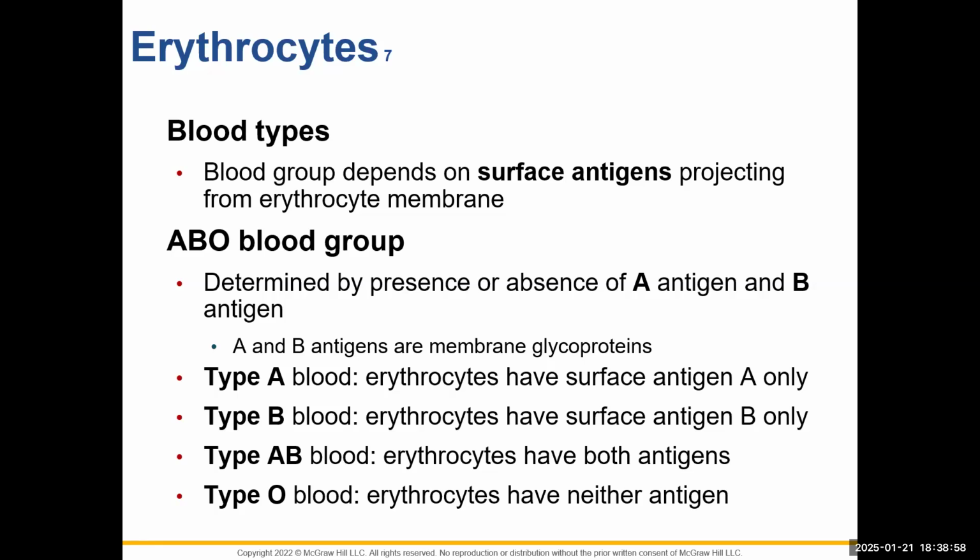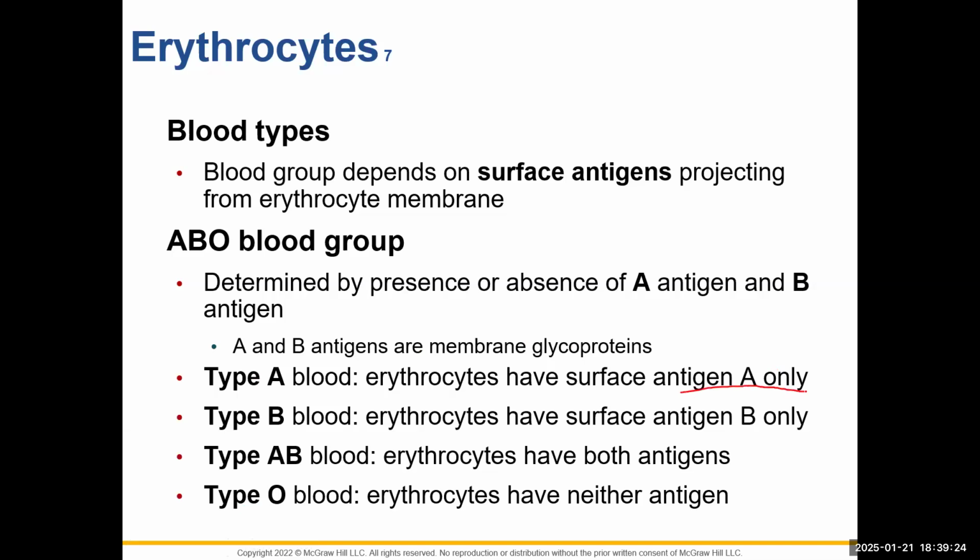So how do we do this? We are going to see if you have a presence or an absence of 2 types of surface antigens, A antigen and B antigen. If you are type A, for example, that means the only surface antigen you have is antigen A only.